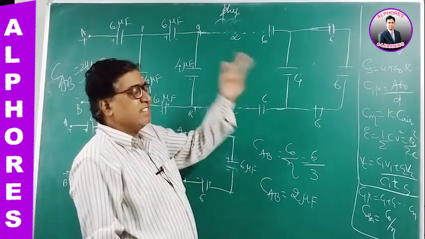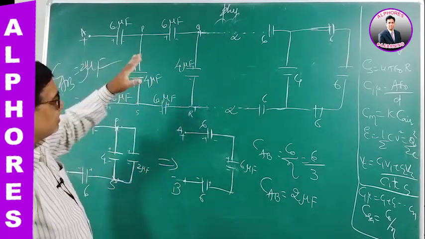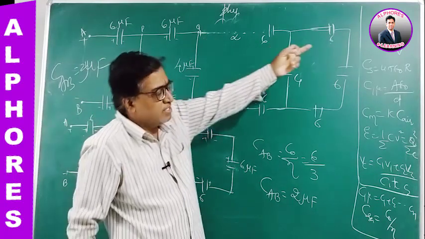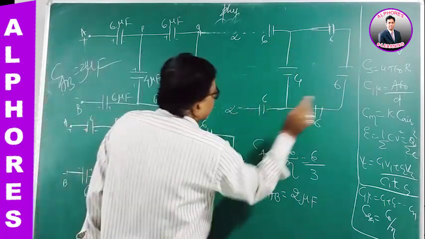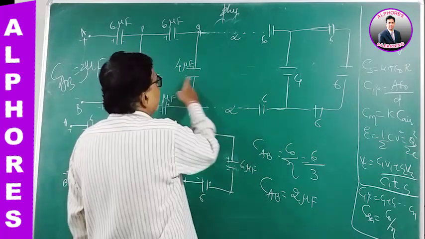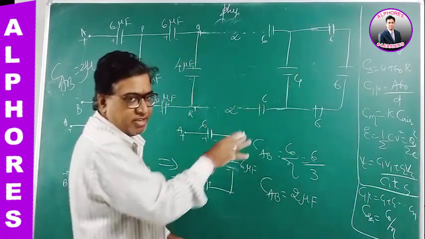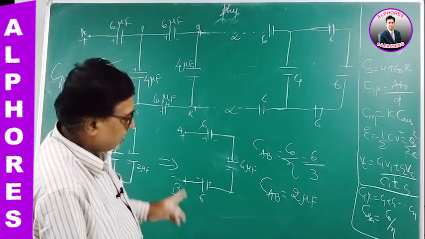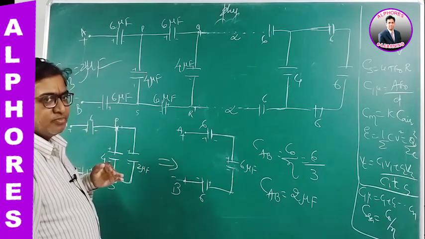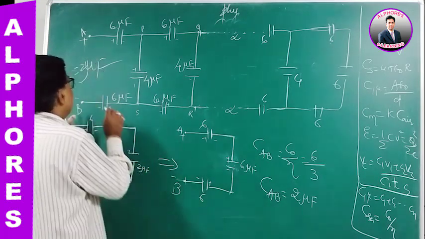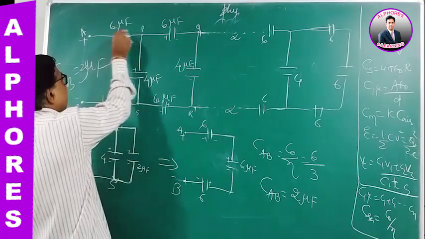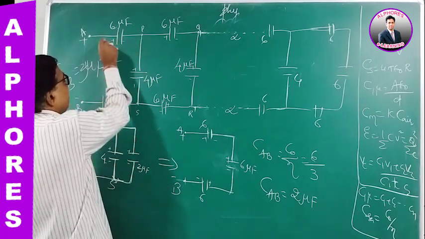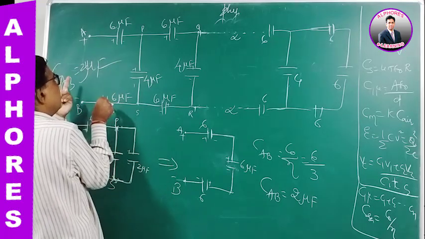For any such ladder, suppose all the top elements are the same, all the elements here are also the same, and in between are 4 like this, the resultant capacity is 2. If there is only one element with all 6, the answer is 2.